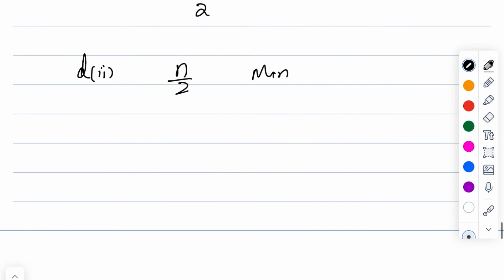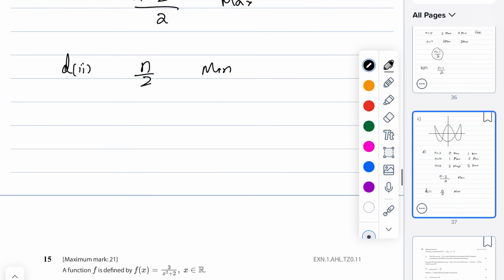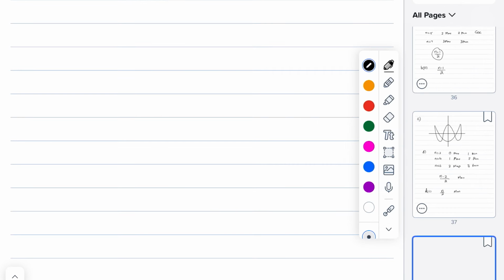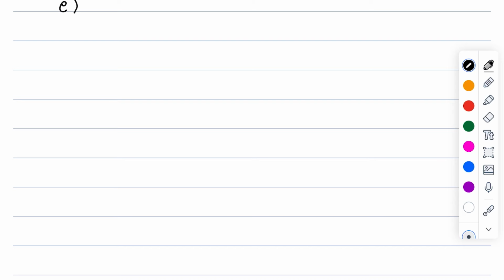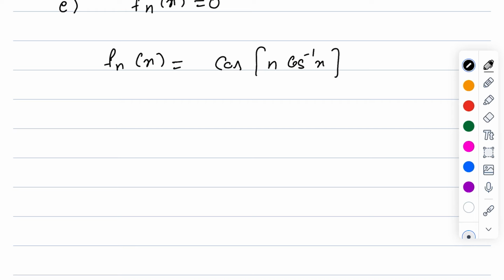Now for part E, what is being asked in part E there? Solve the equation fn prime x equals 0 and hence show that the stationary points are at x equals and so on. So what has been given? fn(x) has been given, which is cos(n cos inverse of x).